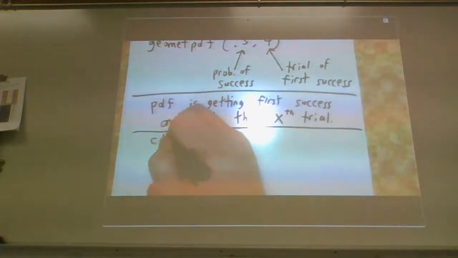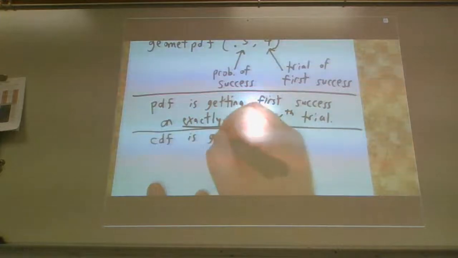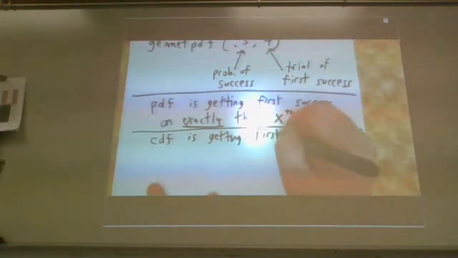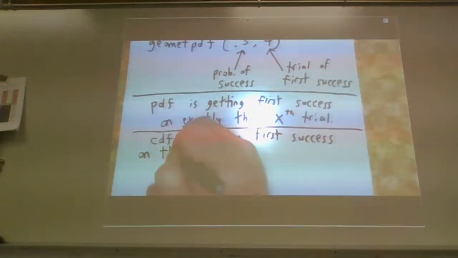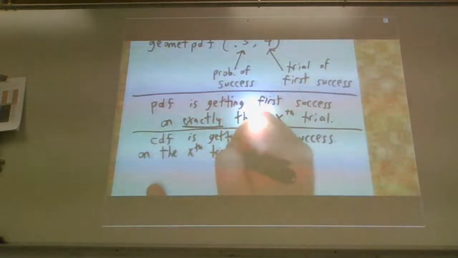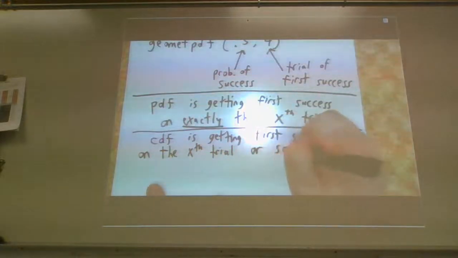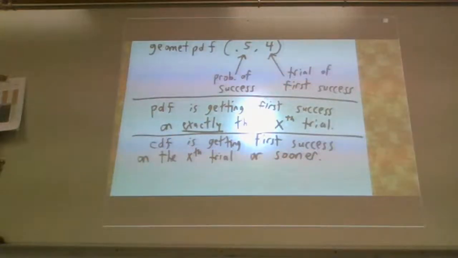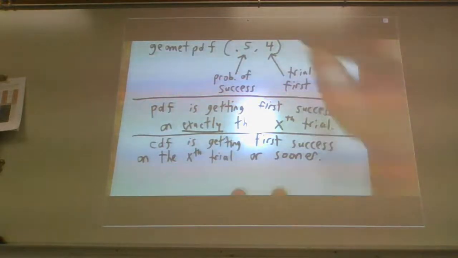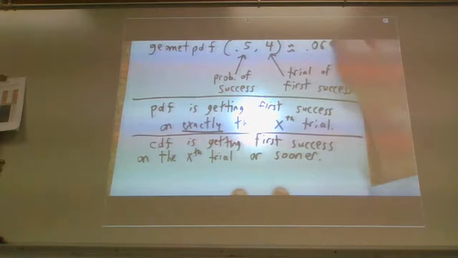And a CDF is getting the first success on the Xth trial or sooner. Remember, CDF is adding everything up. So I'm going to do the calculation again in a few moments with Geomet CDF just to show you the difference between the two calculations. By the way, this one was 0.0625.